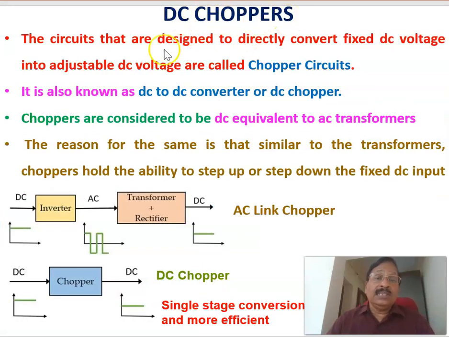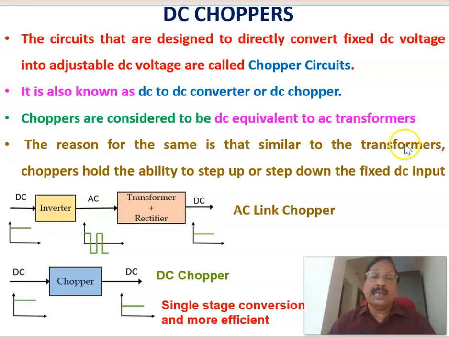Continuing with DC choppers, the circuits that are designed to directly convert a fixed DC voltage into an adjustable DC voltage are called chopper circuits. Already we have seen that it is also known as a DC to DC converter or DC chopper. Choppers are considered to be the DC equivalent of AC transformers. Similar to transformers, choppers have the ability to step up or step down the fixed DC voltage.